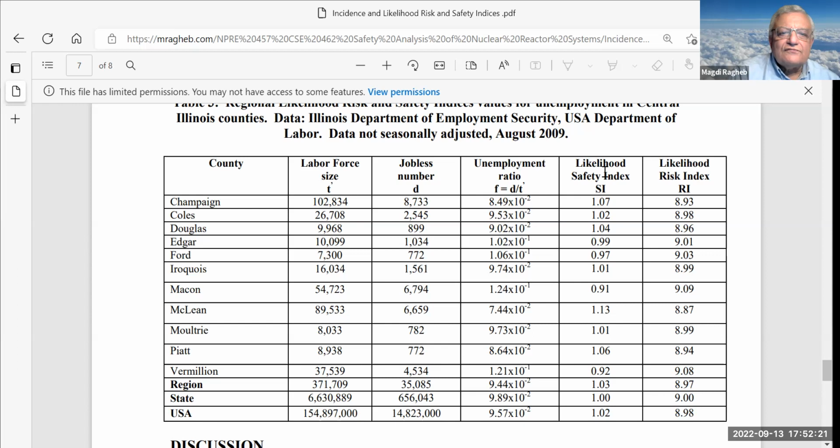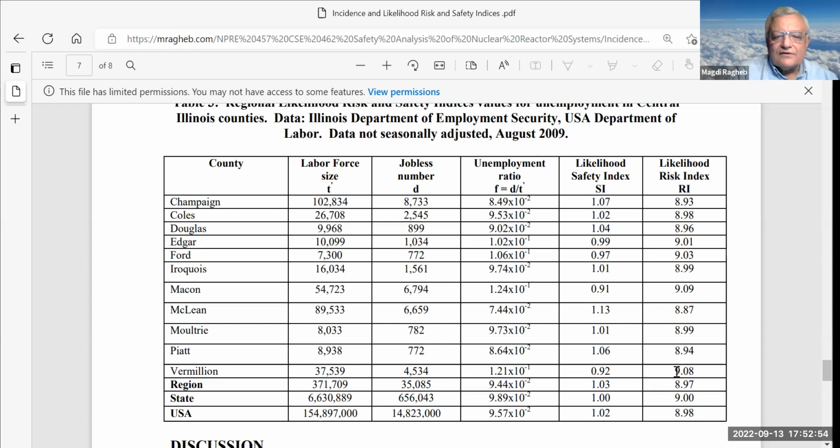So in that case, you find that Champaign County, in terms of the level of employment or unemployment from the safety level, is 1.07. And you find that if you take the base 10, the risk index is 8.93. However, if you go to another county, for instance, Vermilion County, you'll find that the risk index is 9.08.